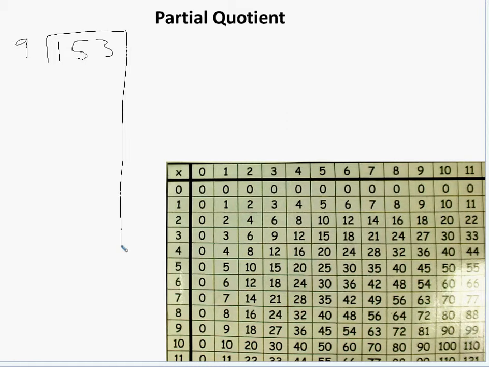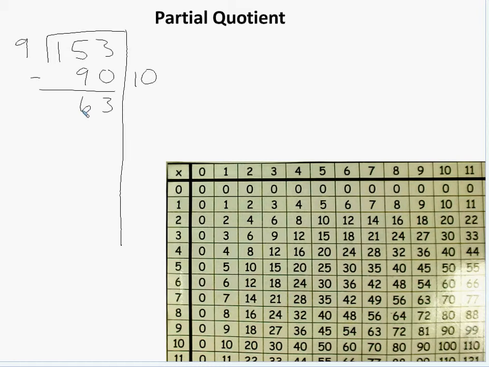So instead of subtracting 9 one time, I'm going to subtract it 10 times. If I subtract 9 10 times, I'll be subtracting 90. When I subtract 90 from 153, I get 0 from 3 is 3, and 9 from 15 is 6. Now I'm going to subtract again.